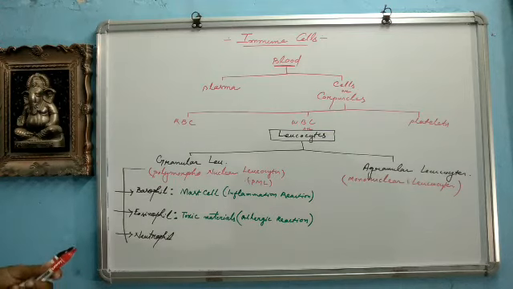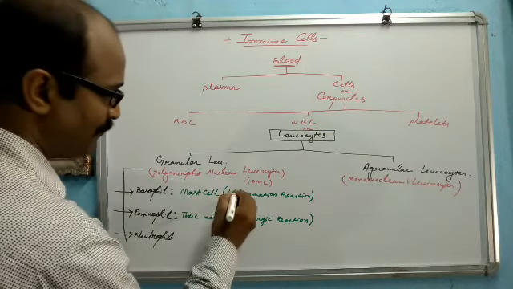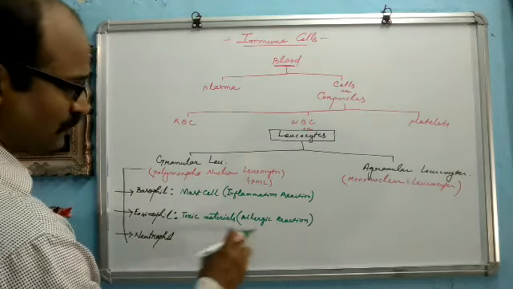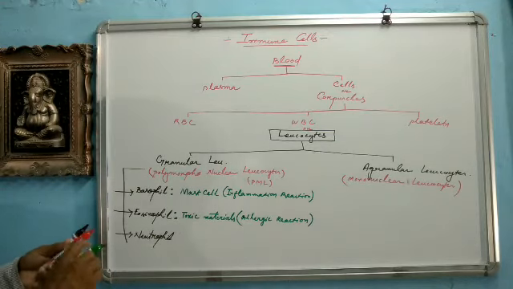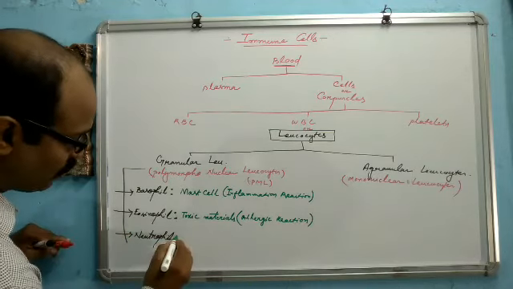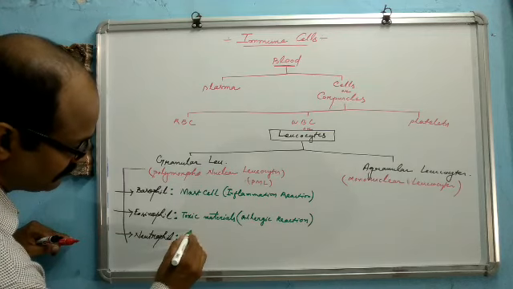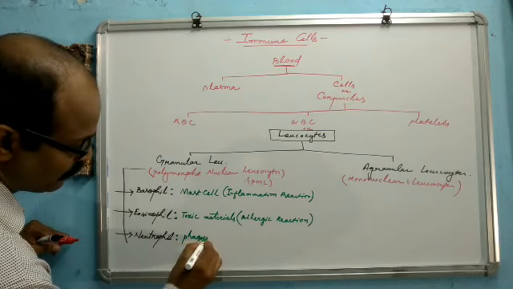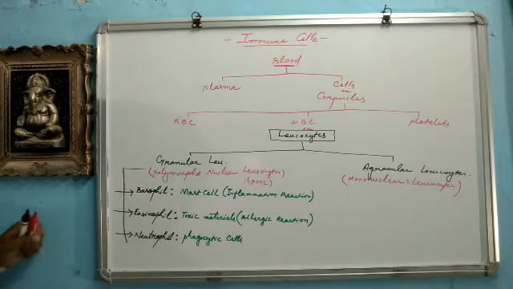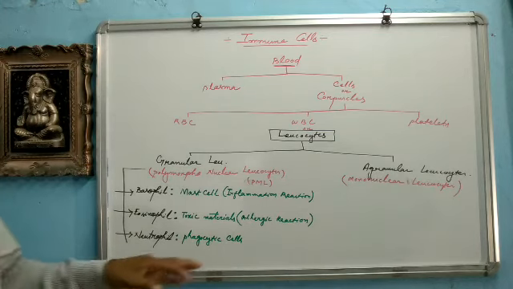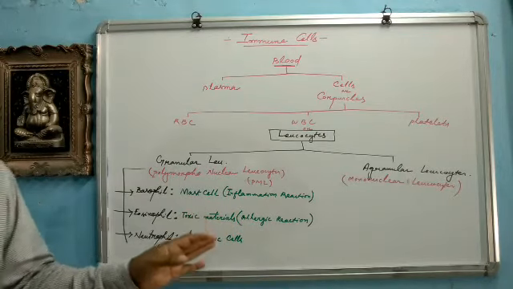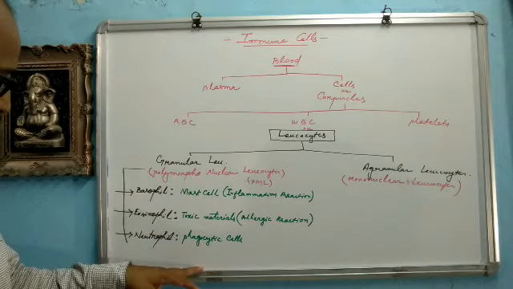But the neutrophil is not responsible for inflammatory or allergic reaction; it acts as a phagocytic cell. It can engulf 5 to 10 bacteria in its lifetime.